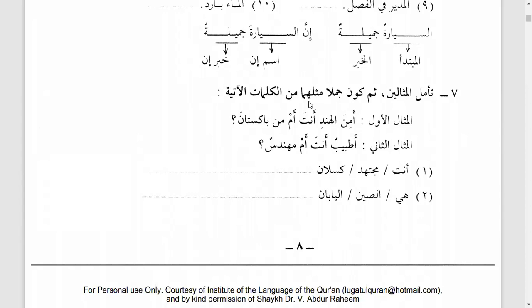Excellent. So we have to reflect on these two examples, and then make sentences based on them, similar to these two examples. What is the meaning of kawwin? Kawwana yukawwinu takwinan, to form something, to give it a form, shakal.